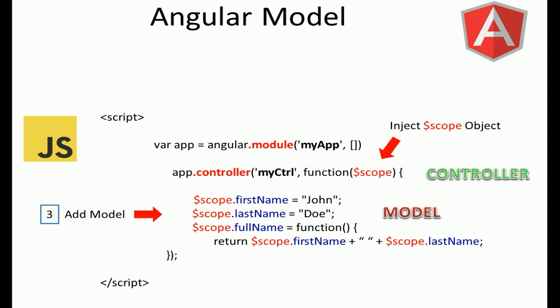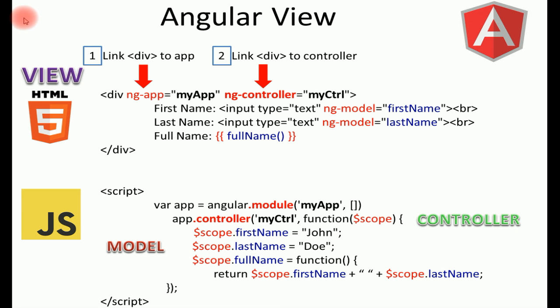We linked our app with the name MyApp to the view by declaring a div as an Angular application with the MyApp attribute value. Now we are going to link our controller to the same div with a new kind of declaration called ng-controller. Notice here in the view we make two important declarations.